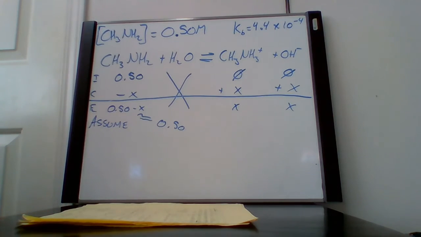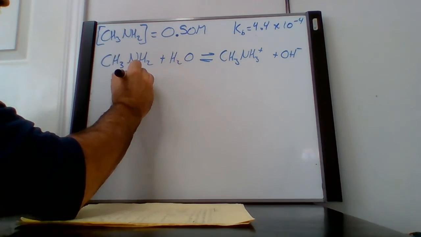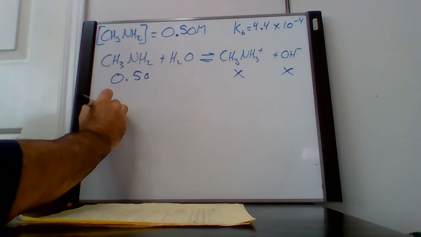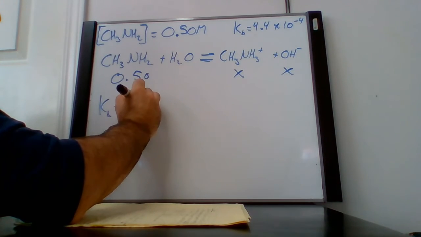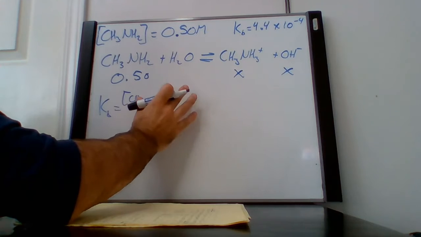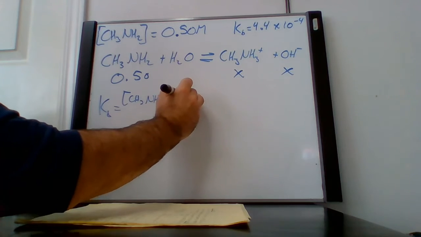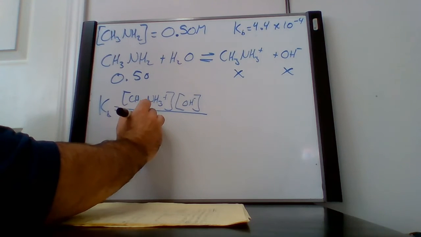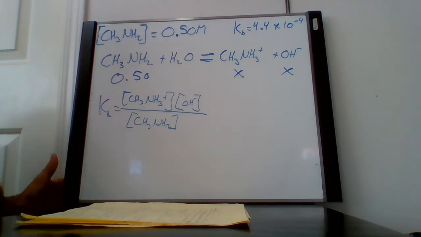Okay, so let's rewrite this really quickly here. We are looking at the equilibrium situation where we have 0.50, an x, and an x. And now we can look at our KB expression: the concentration of our products divided by the concentration of our reactants, once again ignoring water because it is the only pure liquid.